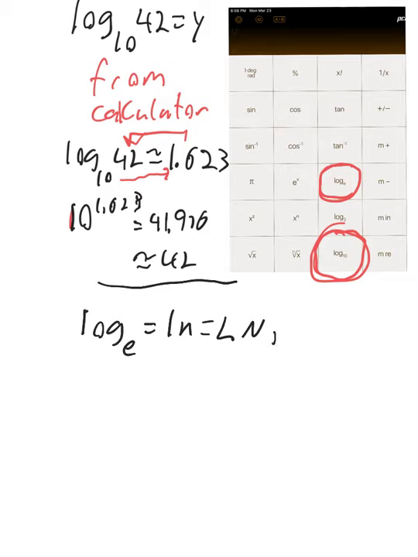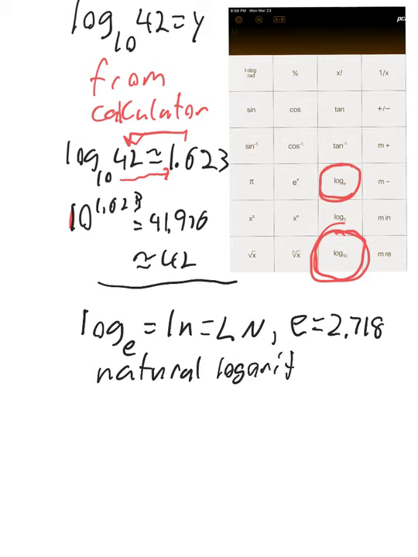Okay, and this is where E is that number we looked at last time, 2.718 or something close to that, rounded off. All right. So if you want those base E logarithms, these are called natural logarithms for reasons we'll go into later. You've got a button for that. And this calculator also has a log base 2 button. Okay.